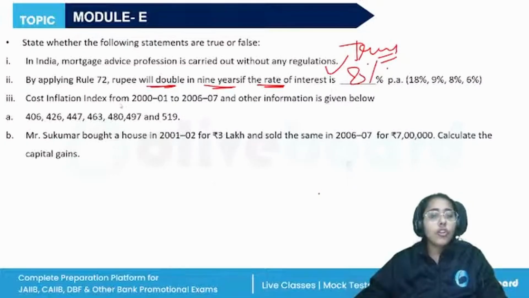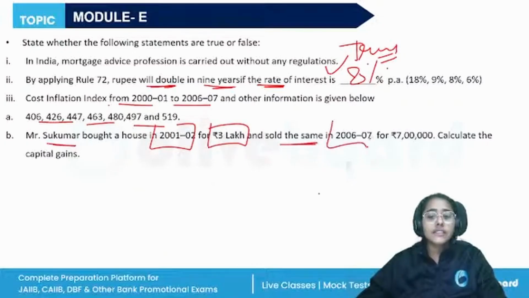Then we are given the cost of inflation index from 2000 and 2001, 2006, 7. Given the information, the cost of inflation index is given to us. Second, Mr. Sukumar bought a house in 2001-2 for rupees 3 lakhs and sold the same in 2006-7 for 7 lakhs.